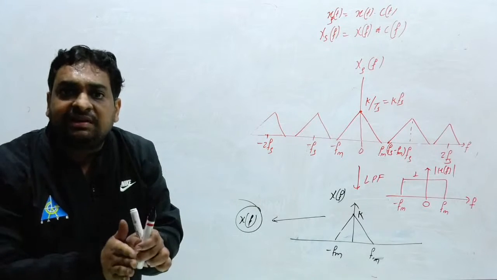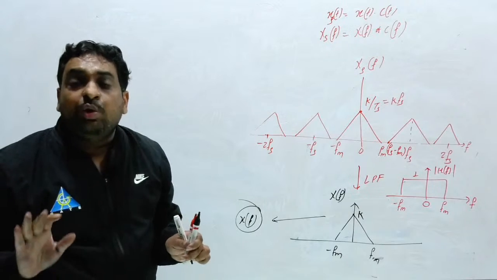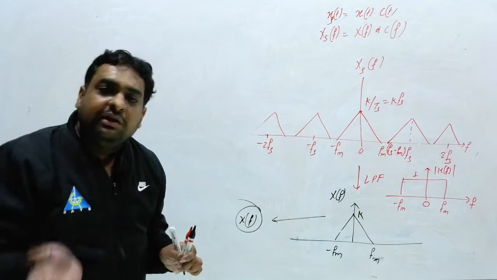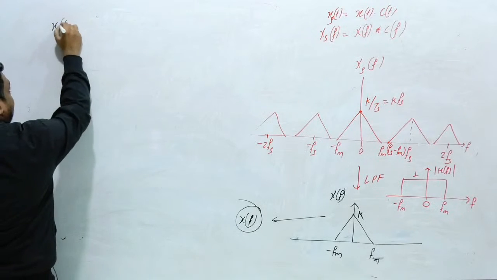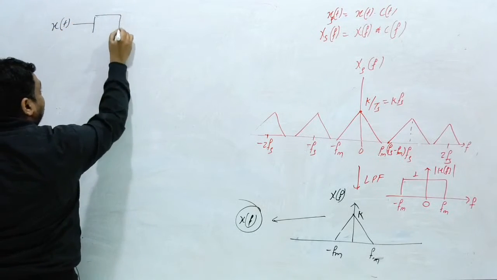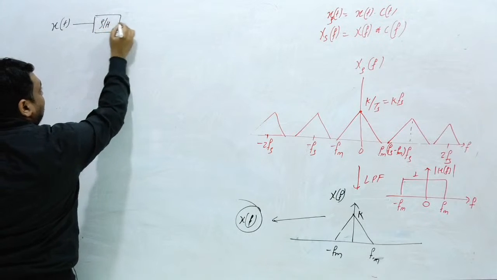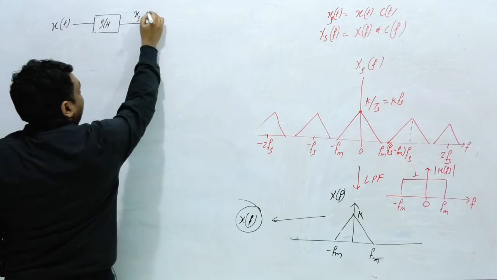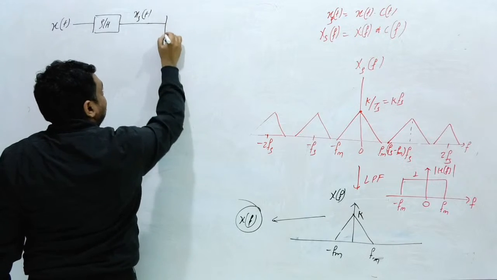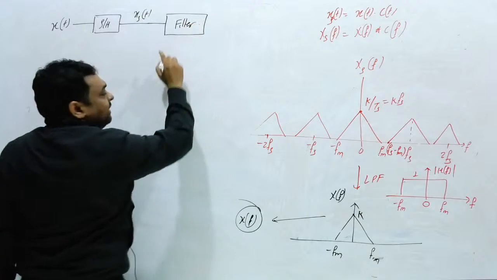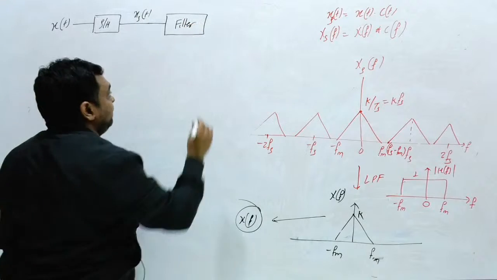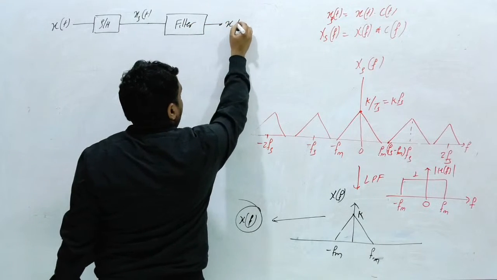just a sampled signal, if you pass it through a low pass filter or any filter, you will get back the same signal. So if I want to write here, this is x(t), this is a sample and hold circuit, and you are getting x(t) again. Again, if you pass this through the filter, sometimes this can be a band pass filter for band pass sampling, again you will get the x(t) signal.